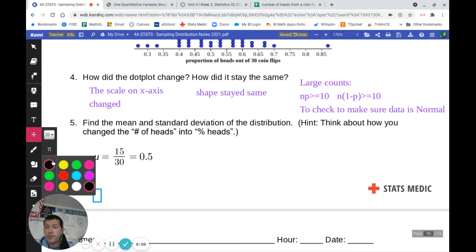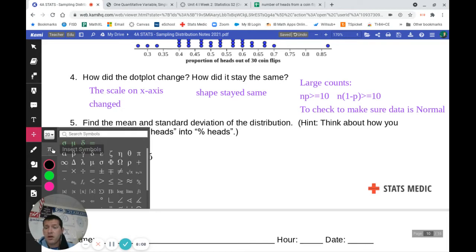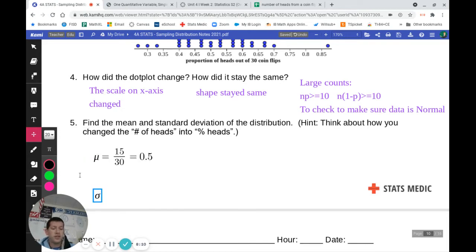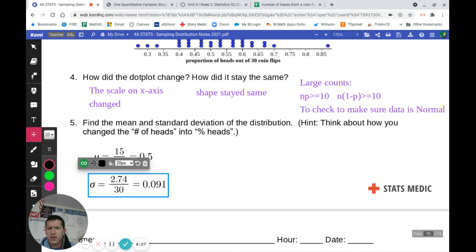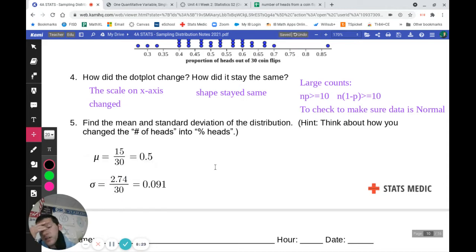Our standard deviation, sigma, was 2.74, and we're going to divide that by 30. We should expect to get 0.091, let's say. So all we did to the mean and the standard deviation was divide by n.